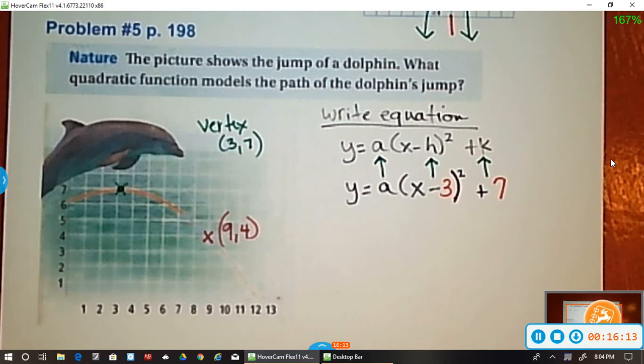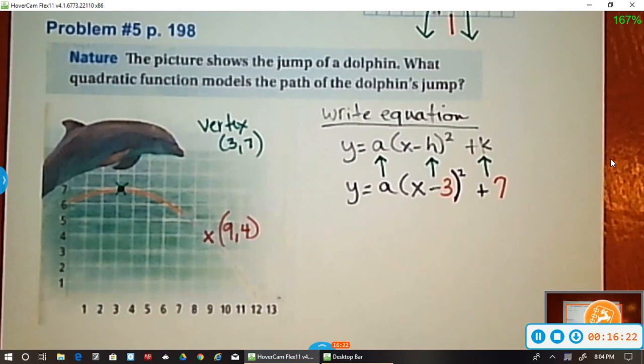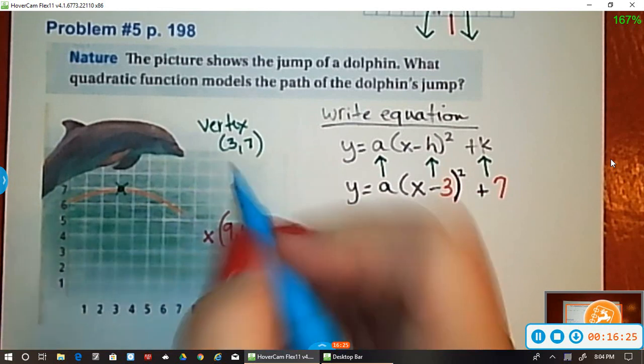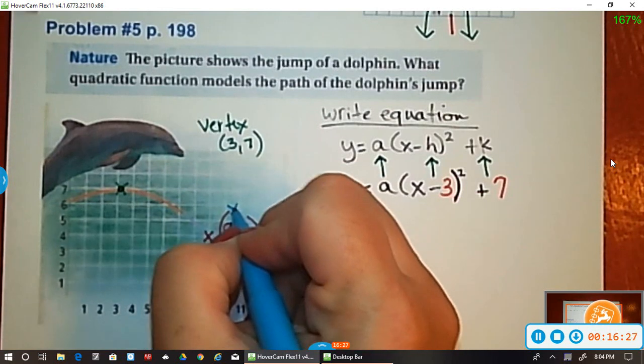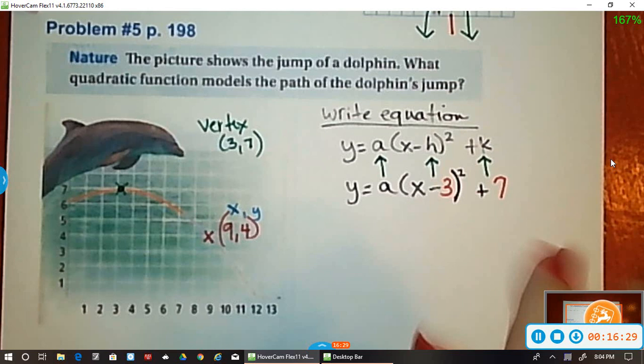When I copied and pasted the picture, it's just not quite as sharp. So (9, 4) is the other point. So what you're going to do is plug these values in for x and y in this equation so that you can solve for a.